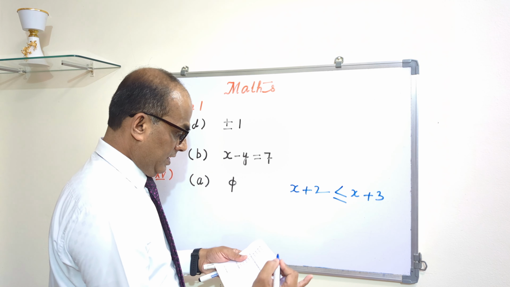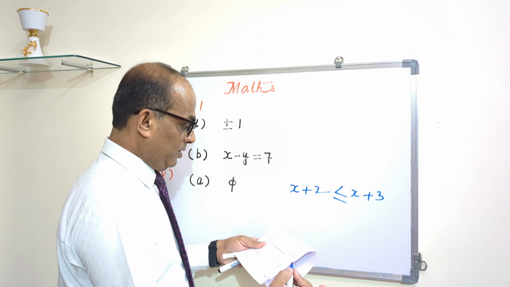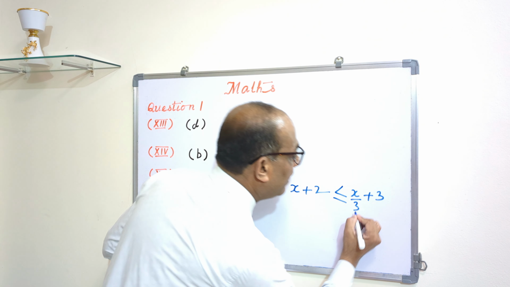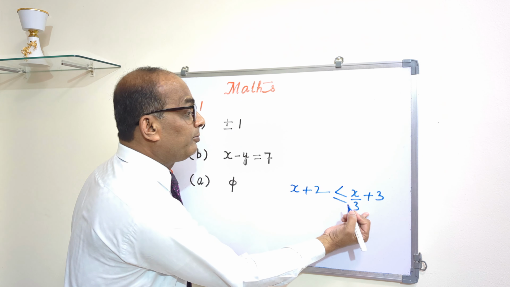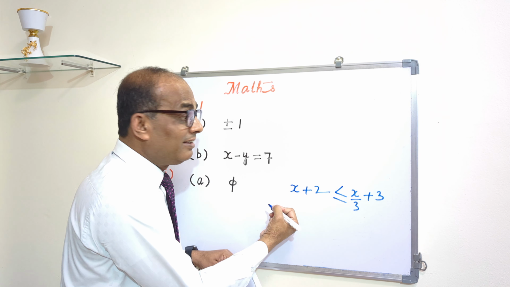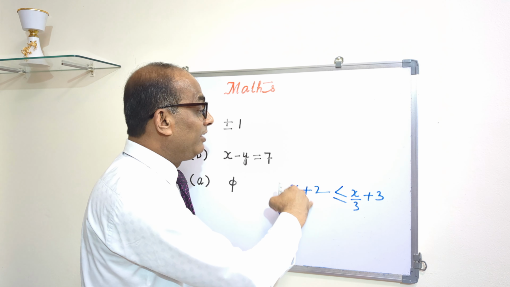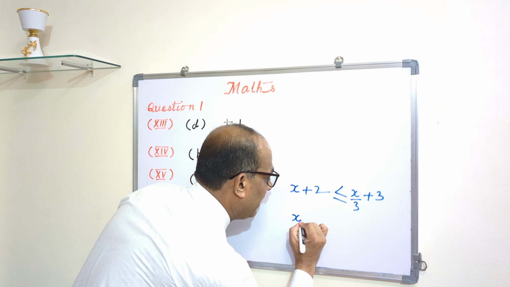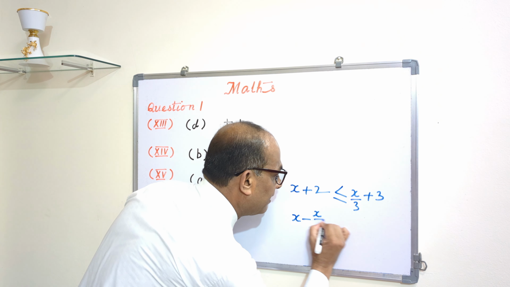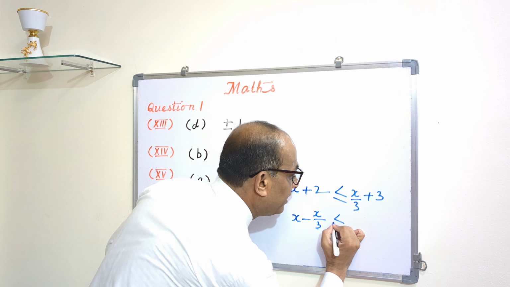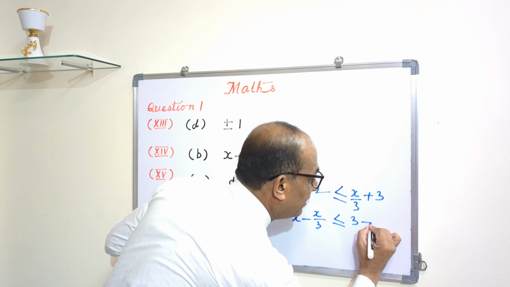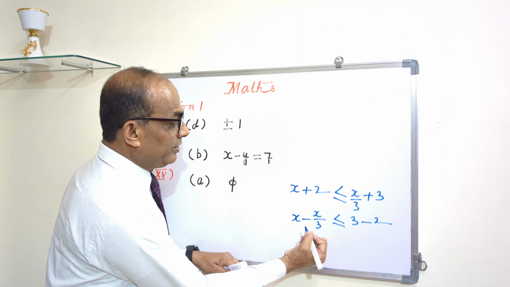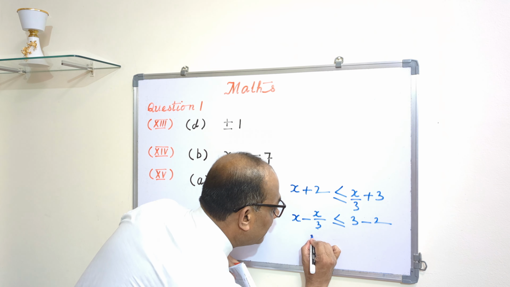Now transpose, bring this x upon 3 from right to the left, it will become minus, and this plus 2 will go from left to right, will become minus 2. So x minus x upon 3 is less than or equal to 3 minus 2. Now x minus x upon 3, 3x minus x, that is 2x upon 3.